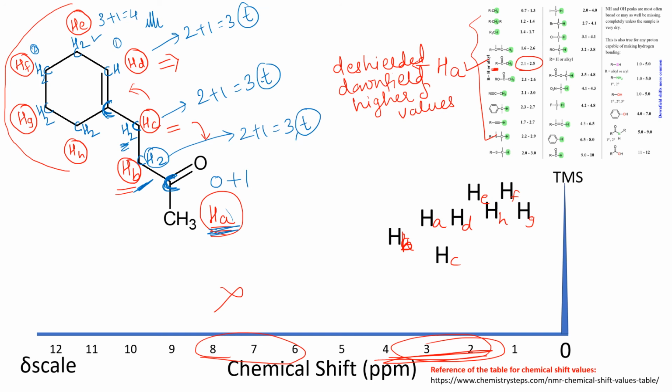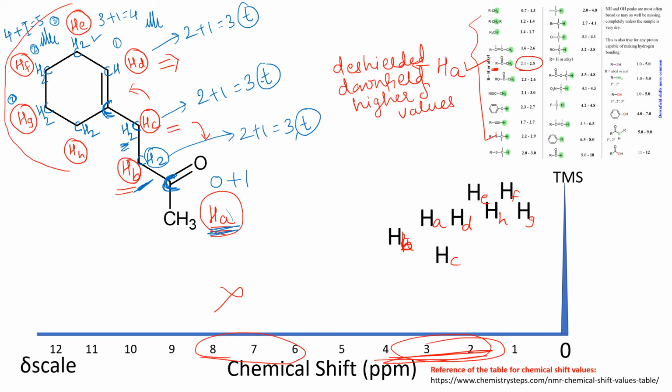What about HF? HF has 2 on this side and 2 on this side, so a total of 4 on the adjacent carbons. So 4 plus 1, that is 5. How do we show this pentet or quintet? It is this, this, this, this and this.